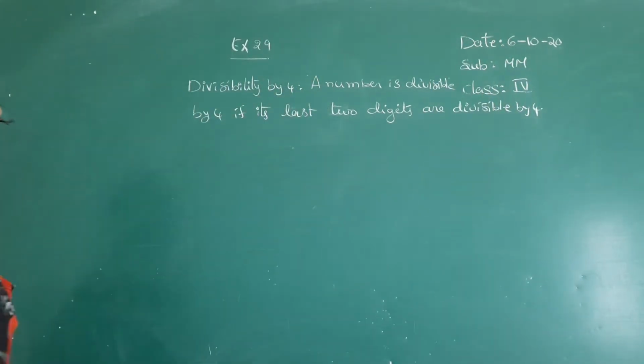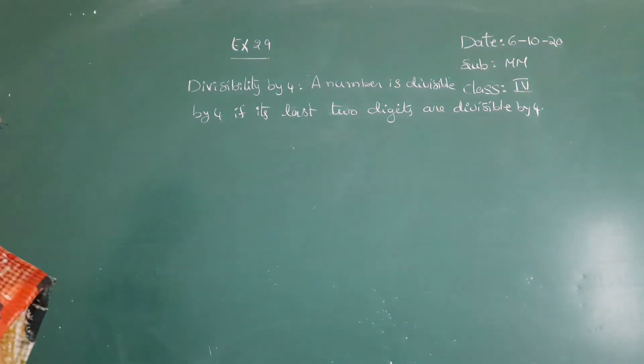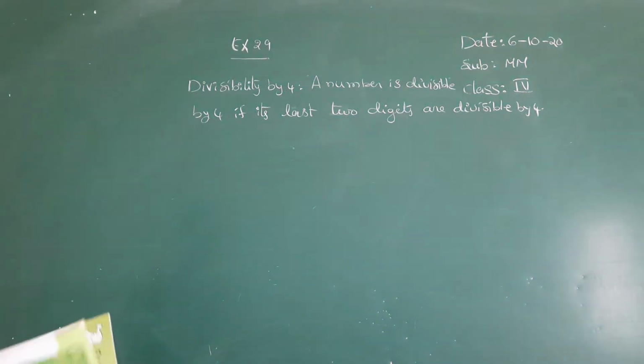A number is divisible by 4 if its last two digits are divisible by 4.